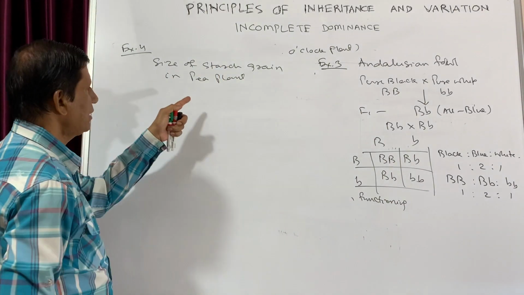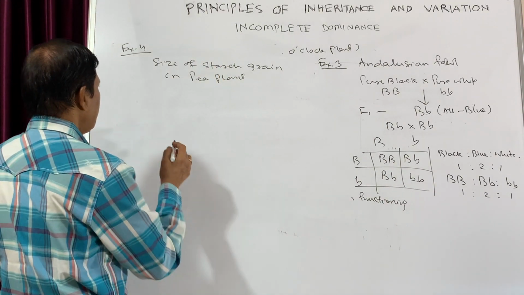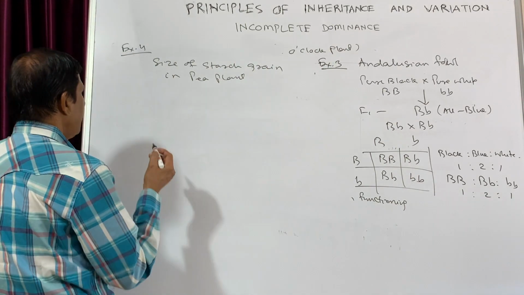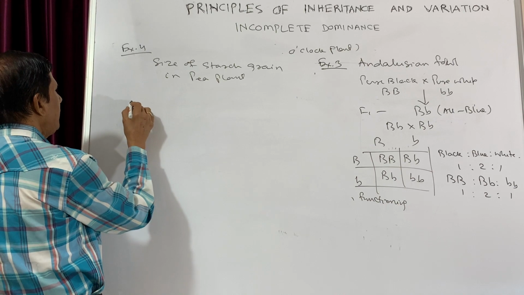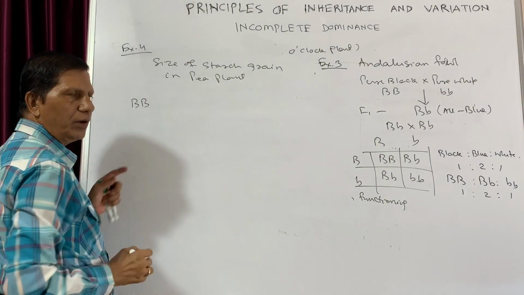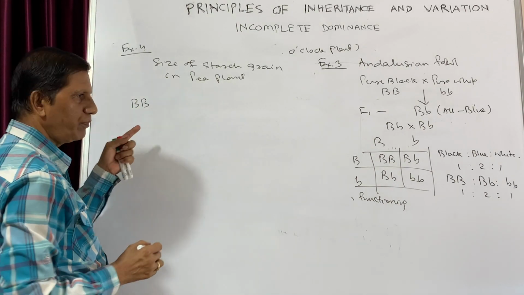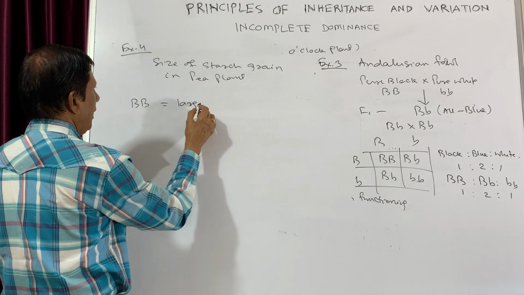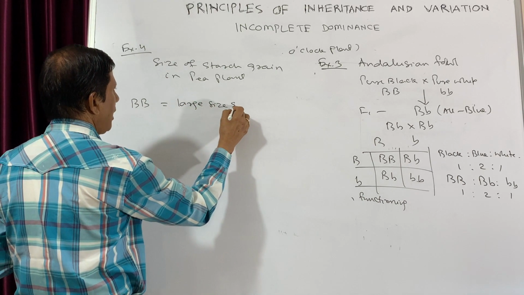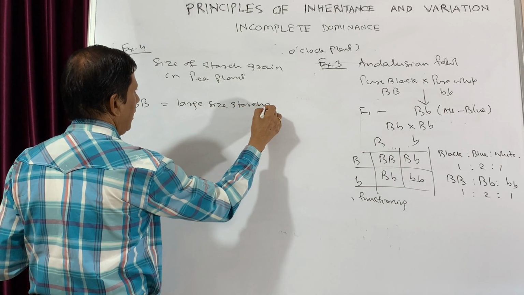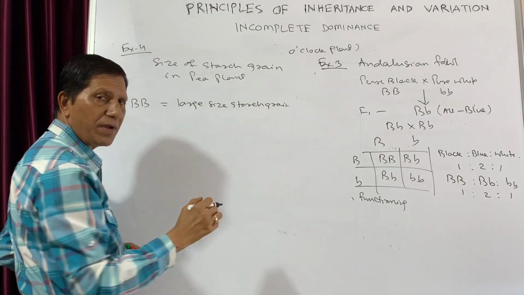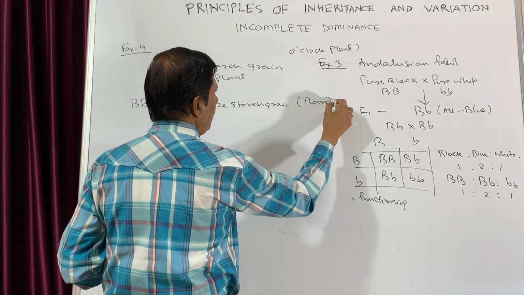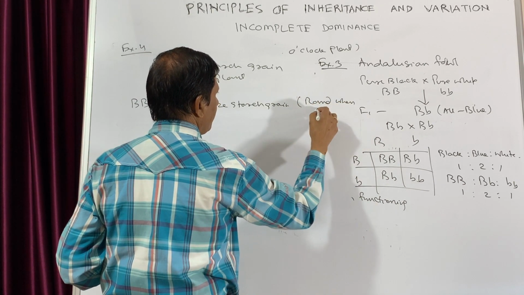So in this case there is one gene that is responsible for the synthesis of starch. Now when this gene is present in the homozygous dominant form, BB, it gives rise to large size starch grains, and when mature they are round.